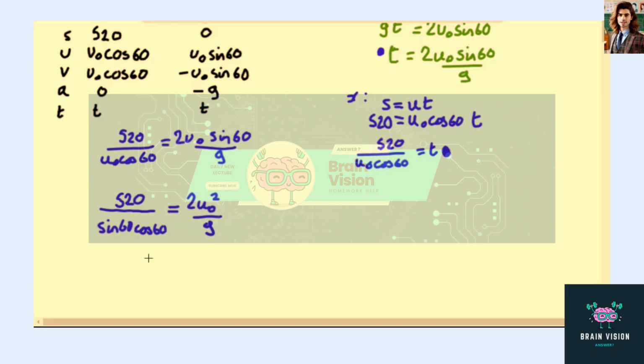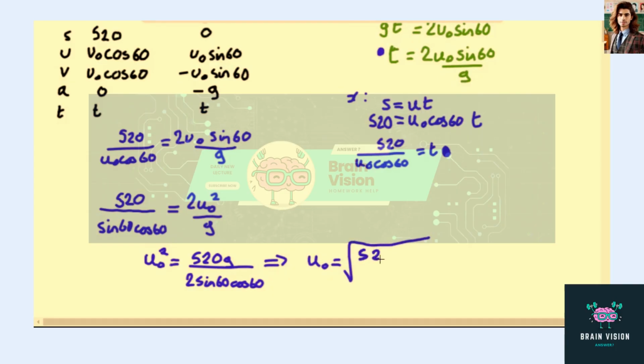Then u0 squared is equal to 520 multiplied by g divided by 2 multiplied by the sine of 60 and the cosine of 60. So u0 itself is equal to the square root of all of this.